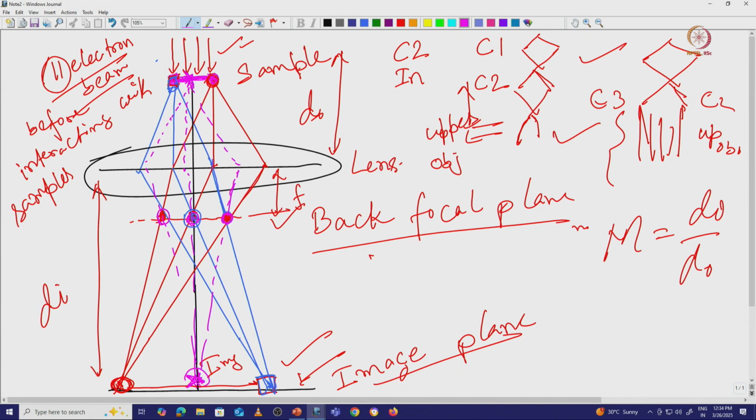The same thing is happening here. So, we are getting some kind of bright spots there, and their intensity may be different, but it will be some kind of bright spots all over based on my sample like this, and that is called the diffraction pattern of our sample.